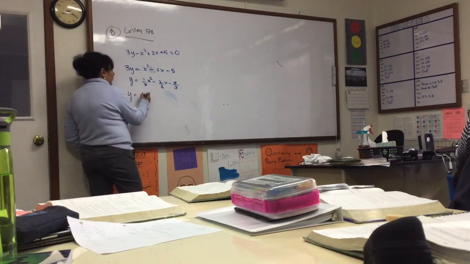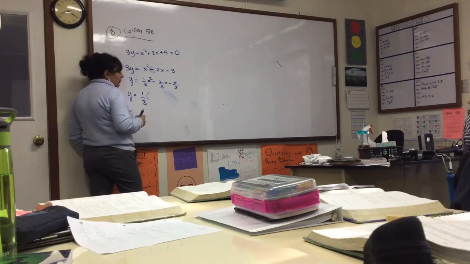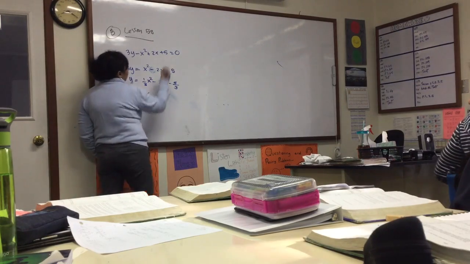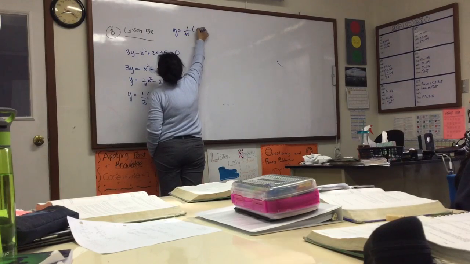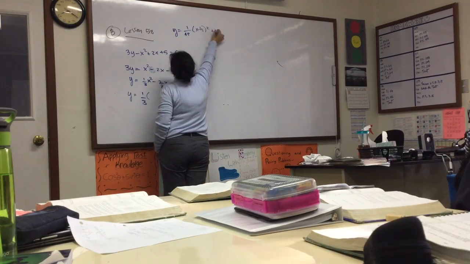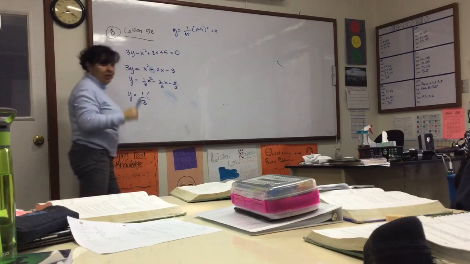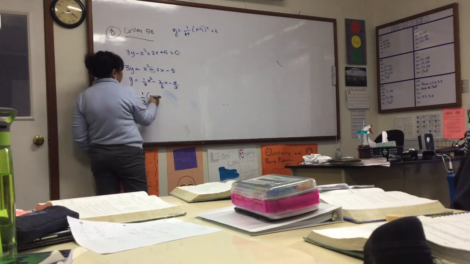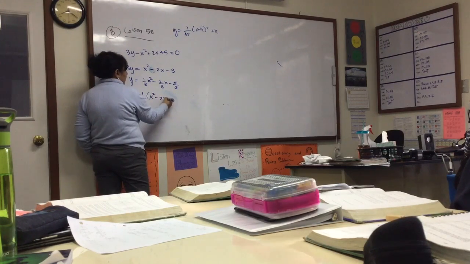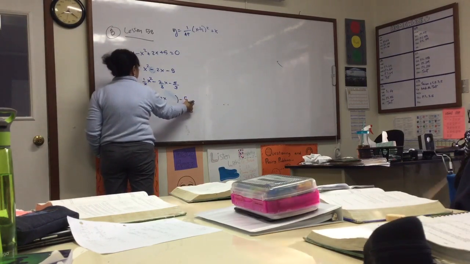I have to take out the 1/3, right? Remember that this is what it has to look like. That's what you have to get. So 1/3 x squared minus 2x minus 5/3. Okay?